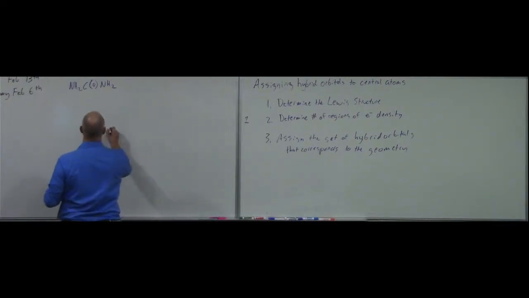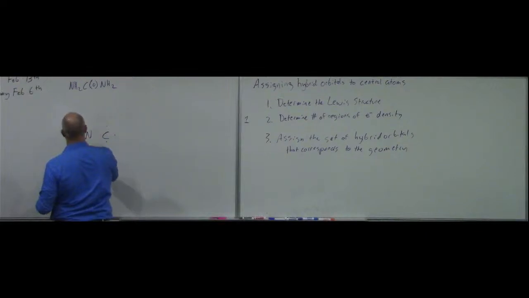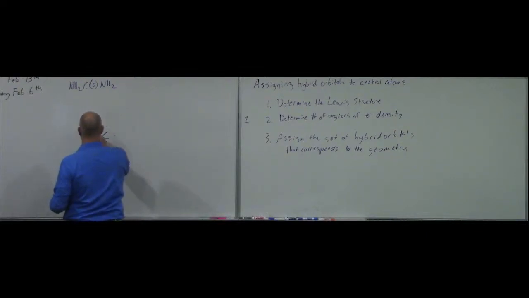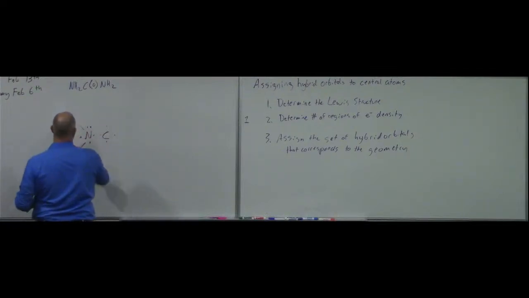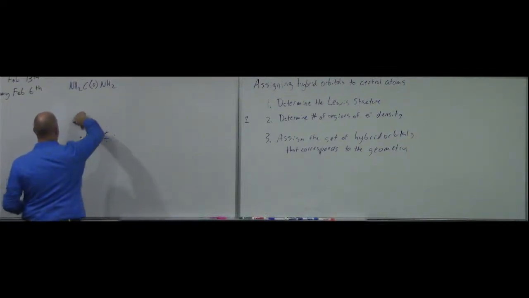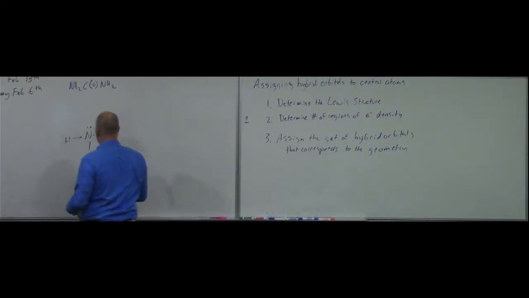Okay, so we're going to have carbon, right? It's going to bond to a nitrogen. The nitrogen's bonding to 2 hydrogens. Nitrogen has 5, so 1, 2, 3, 4, 5. It's bonding here and it's bonding here. 1, 2, now we're going to bond here, so 1, 2, 3, 4, 5, 6, 7, 8.